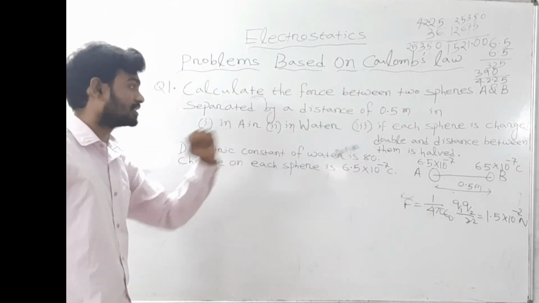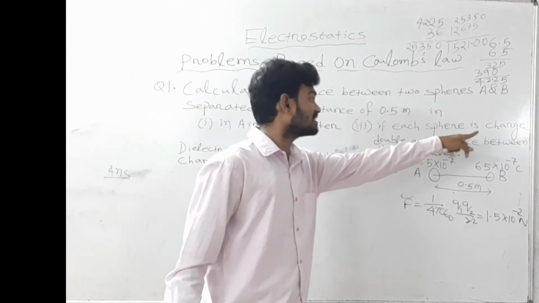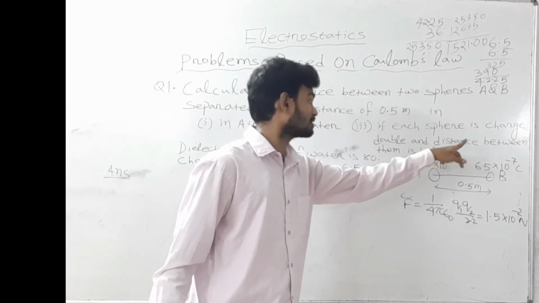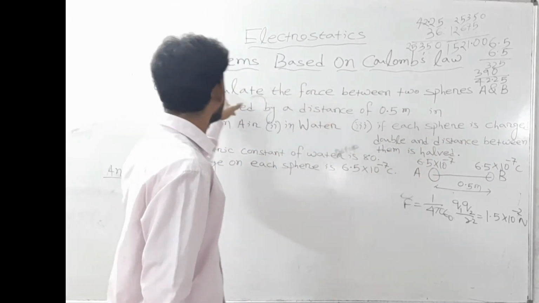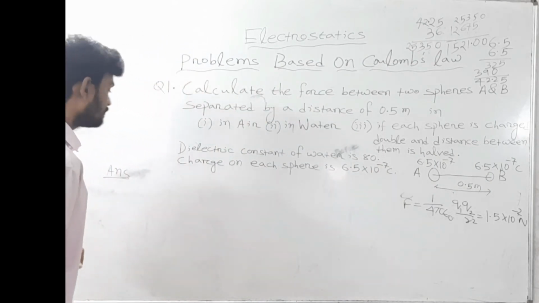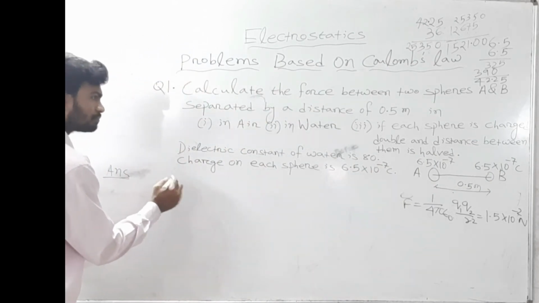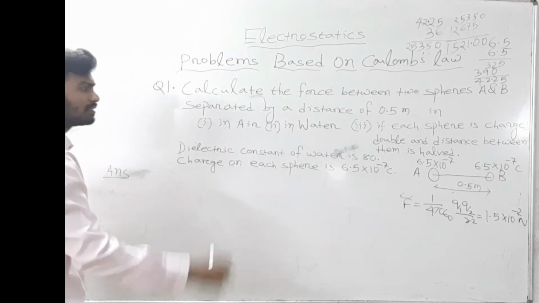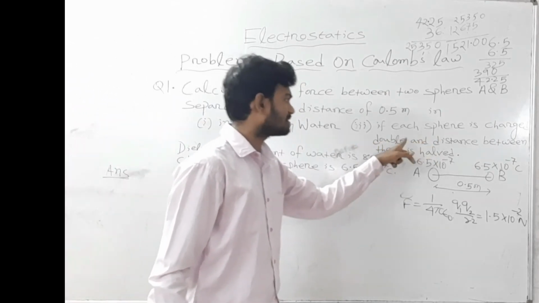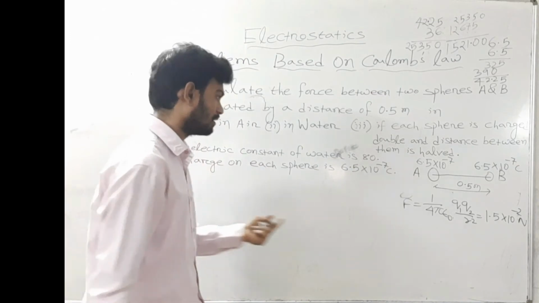Now, in the third question, if each sphere is charged double and the distance between them is half, then calculate the force. It means the charge of each sphere now becomes double.